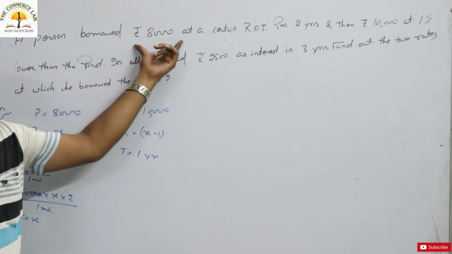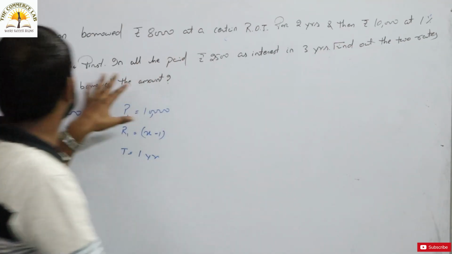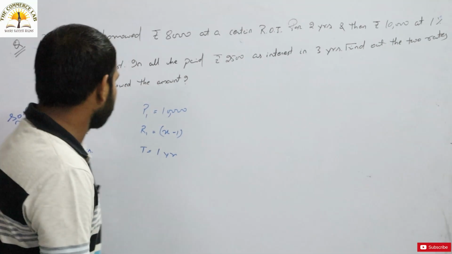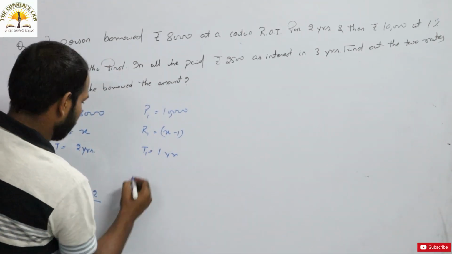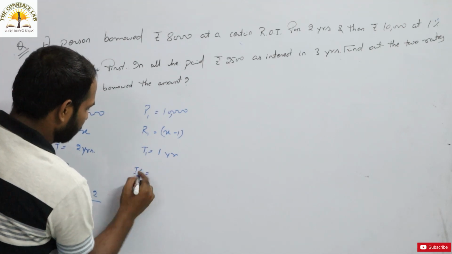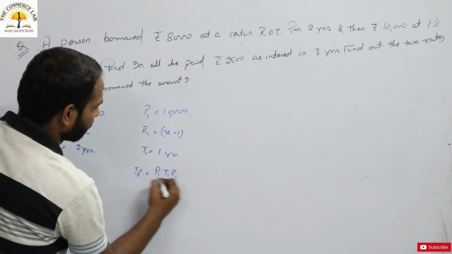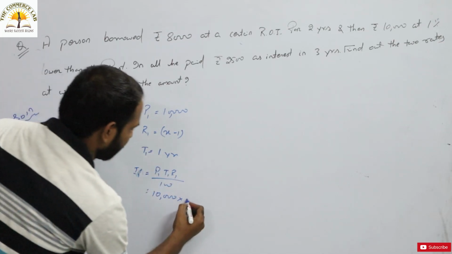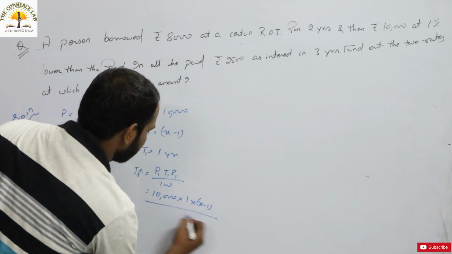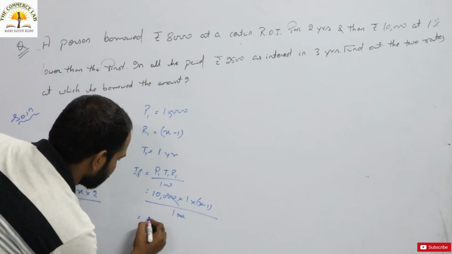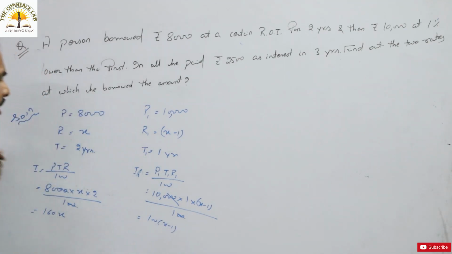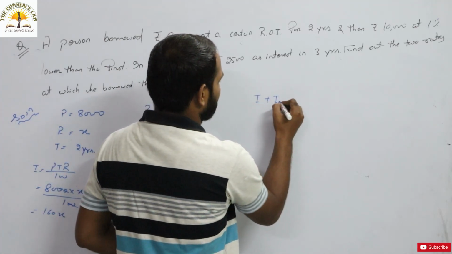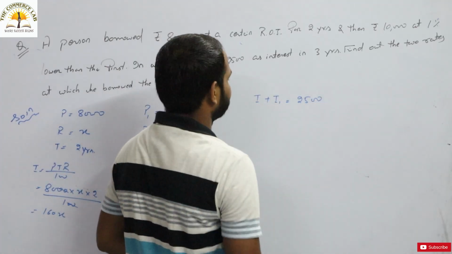First, he has taken 8,000 rupees for 2 years, then 10,000 rupees for the third year. In total, 2,500 interest in 3 years. That means I1 equal to P1 T1 R1 by 100. P1 is given 10,000 rupees, T1 is 1, R1 is X minus 1 by 100. So 100 into (X minus 1) is I1. But we know I plus I1 is equal to 2,500 rupees.